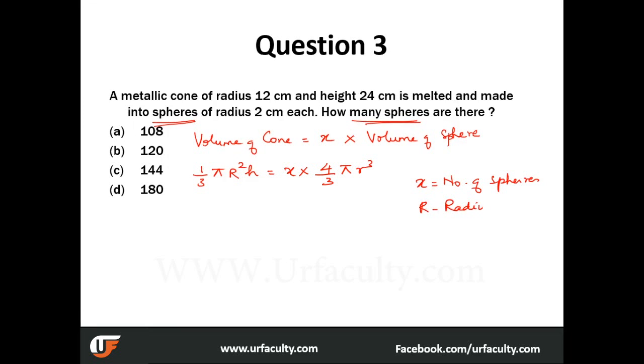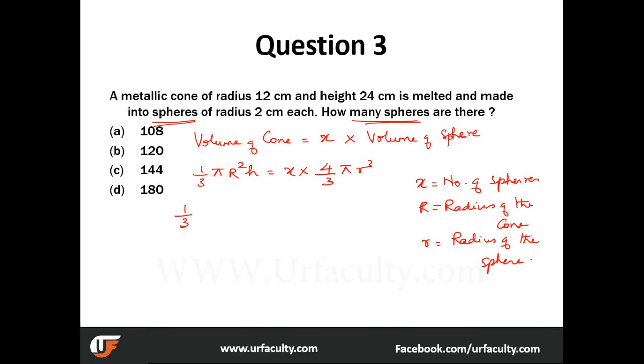Radius of the cone. And what is small r? Radius of the sphere. This is just for your understanding. You don't have to write all these things in your exam. If you know why you are using these variables, you just need to equate it.